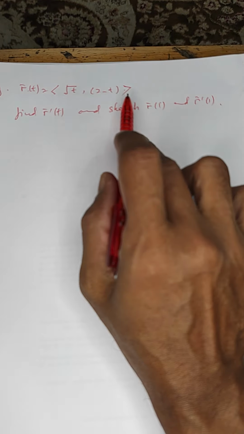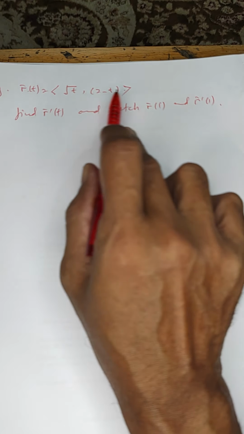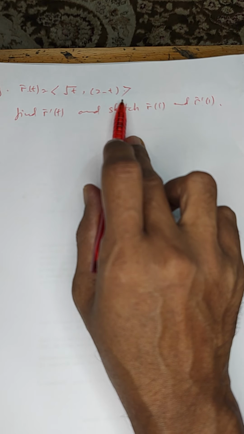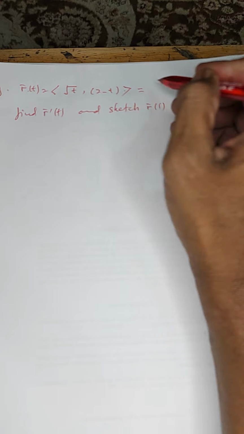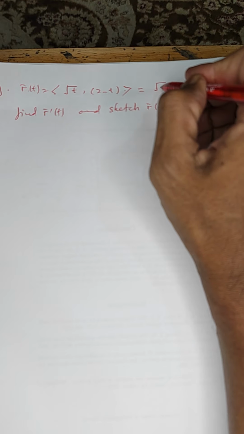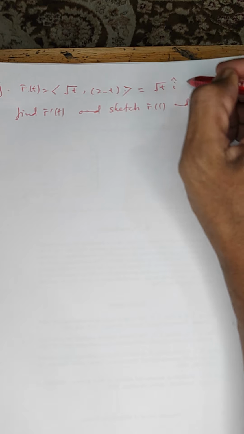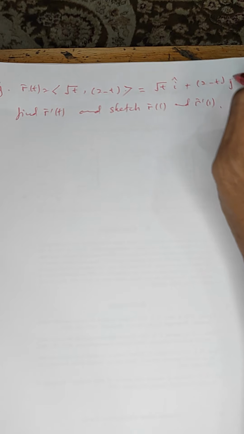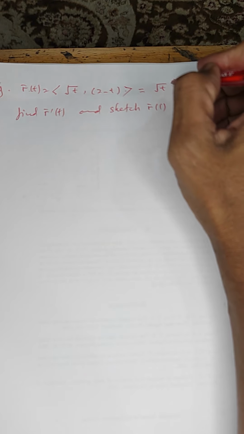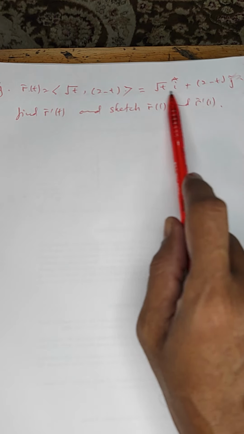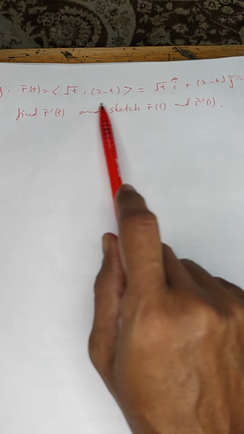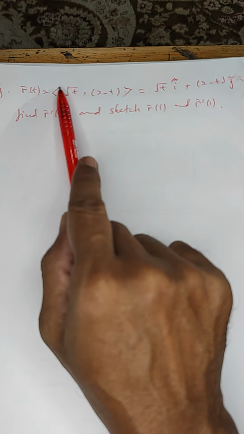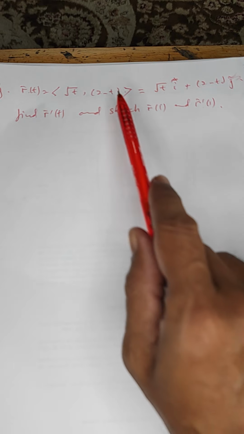Now remember that this is the representation for the vector, as I've mentioned many times, especially at the beginning of our lectures. Of course, this can be written in terms of i, j, k: you can write this as t i plus (2 minus t) j. I don't want you to get confused, because sometimes we use this and sometimes that, depending on the book. Some books even use simple curved brackets, but remember that this is a vector.